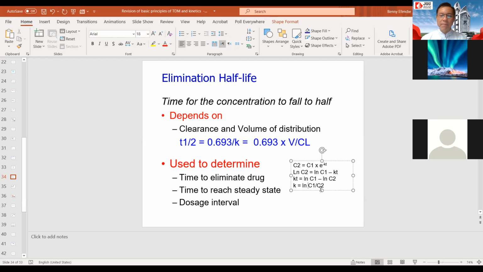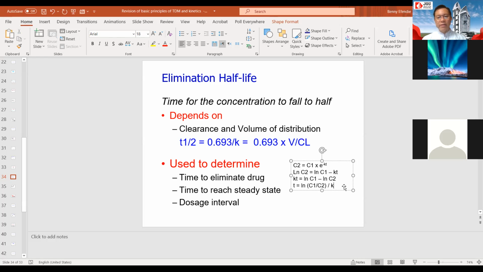So K equals that, and T equals ln of C1 divided by C2, divided by K.